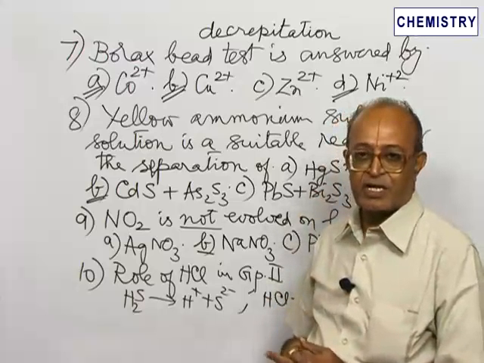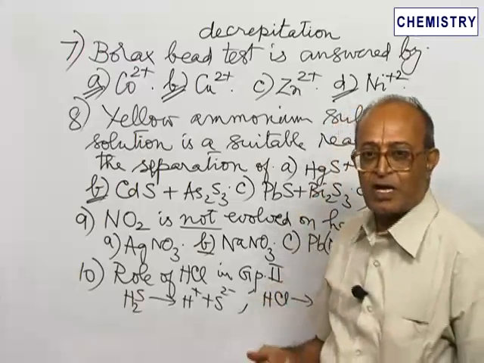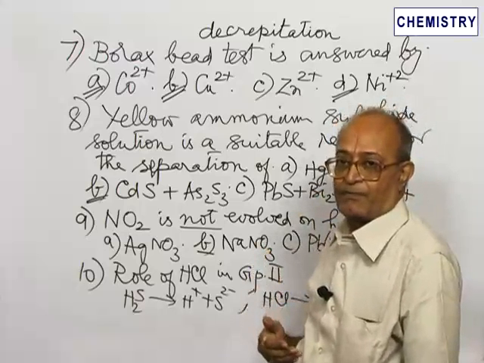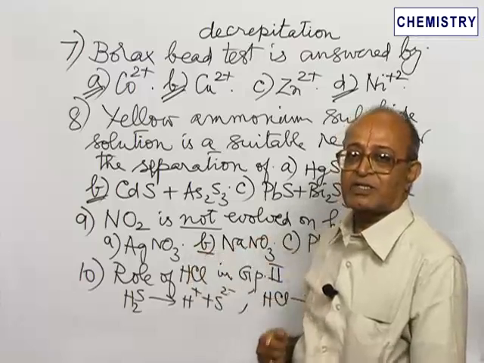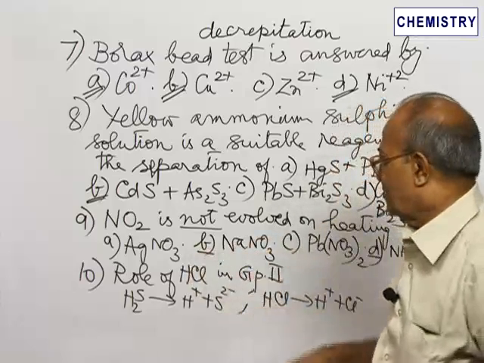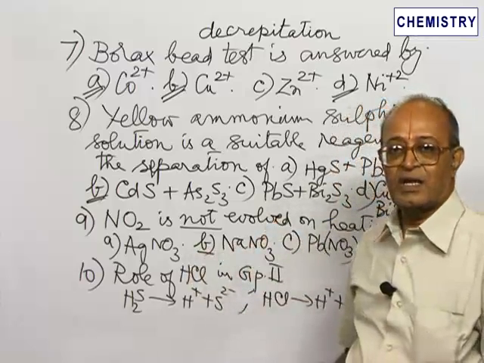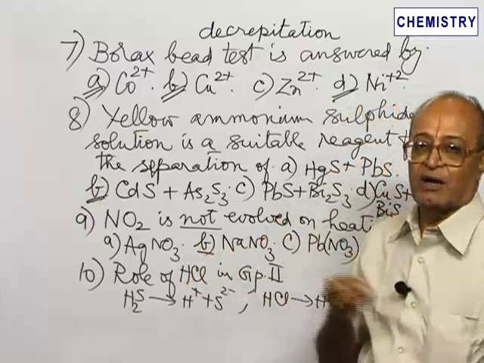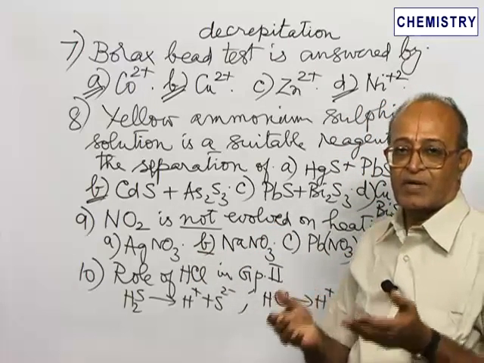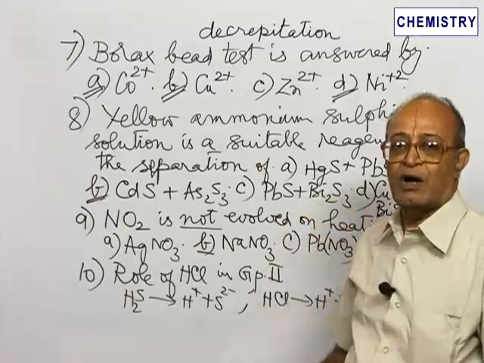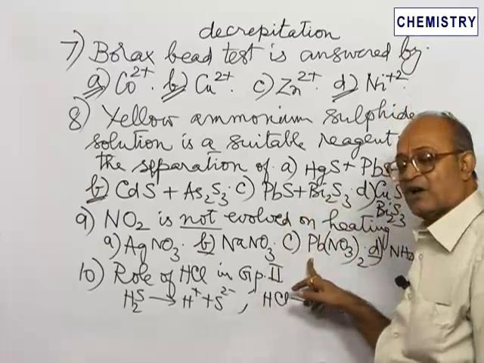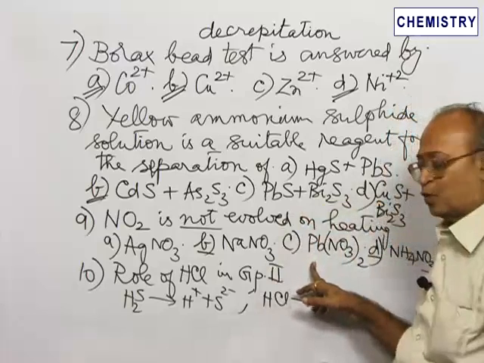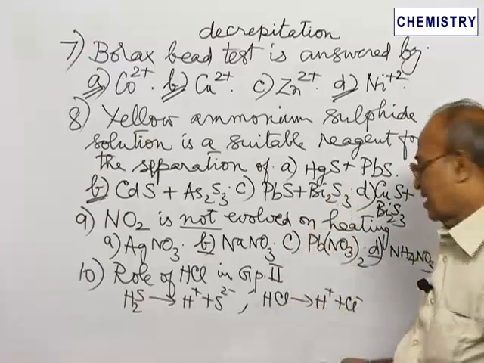One is lead nitrate, another is barium nitrate, even sodium chloride. Decrepitation means a crackling noise. If you heat, for example, lead nitrate crystals, you will hear a crackling noise, and at the same time there will be evolution of a brown gas, NO2. So, action of heat on lead nitrate will give NO2. So, C is not the correct answer.